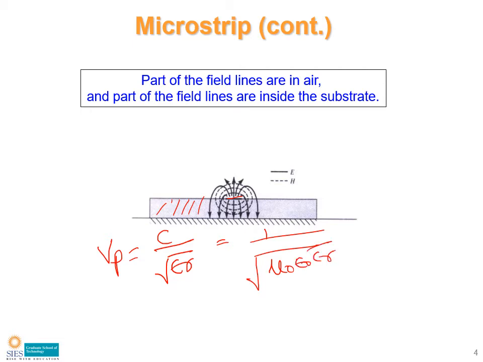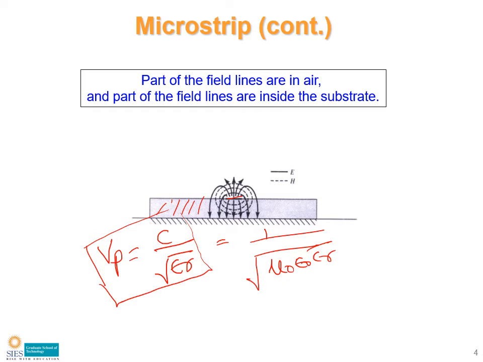So 1 upon under root of mu naught epsilon naught is equal to C. So we can write the propagation velocity of a signal, a TM signal, in a dielectric, as C upon under root of epsilon r. So when the signal is propagating, half of the signal is propagating through the dielectric. When the signal is propagating through the dielectric, it has a propagation velocity Vp equal to C upon under root of epsilon r.